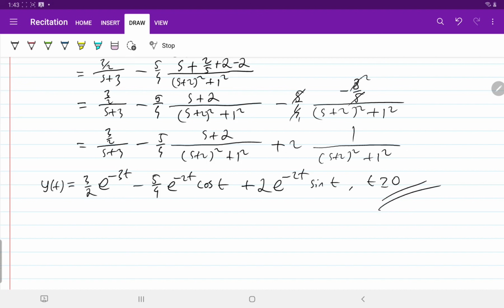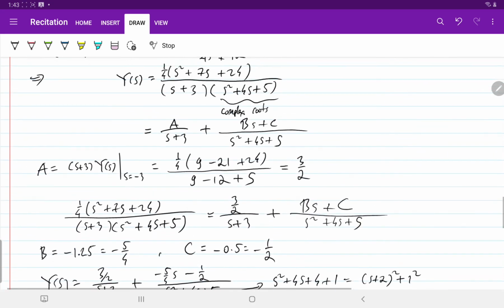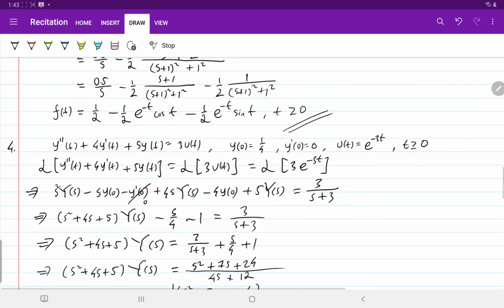Okay, so this is the solution for the initial value problem given this initial condition.